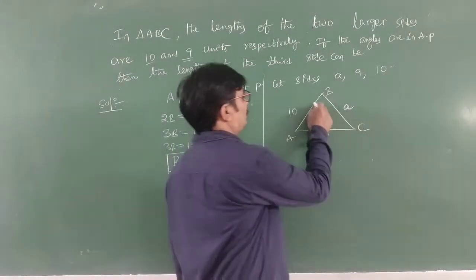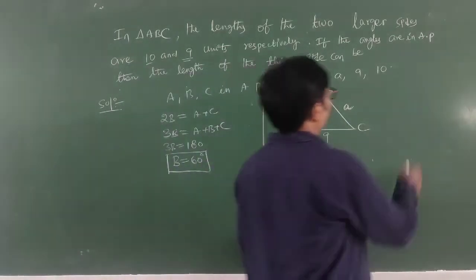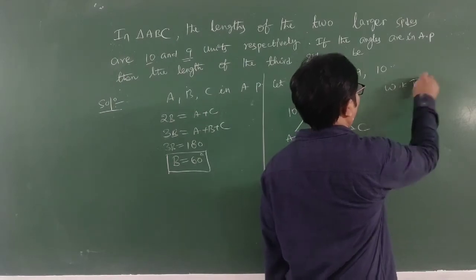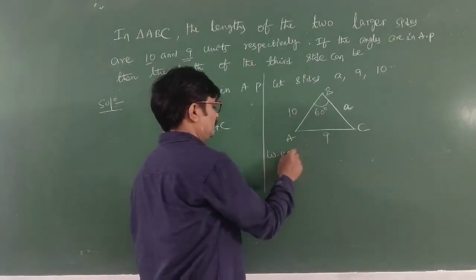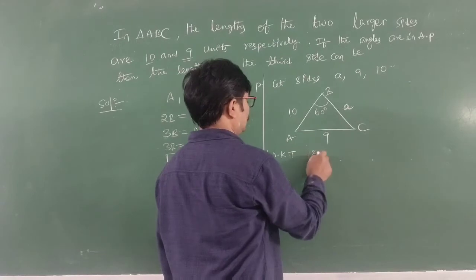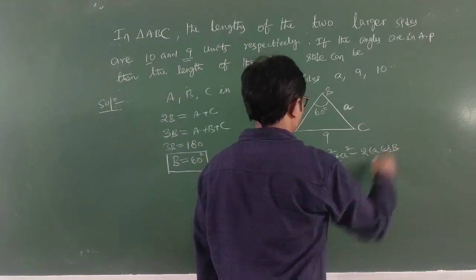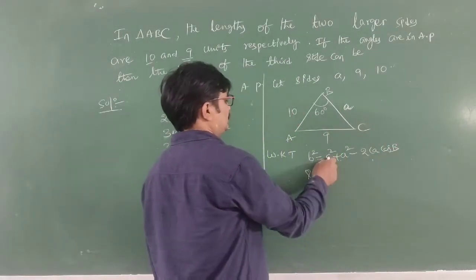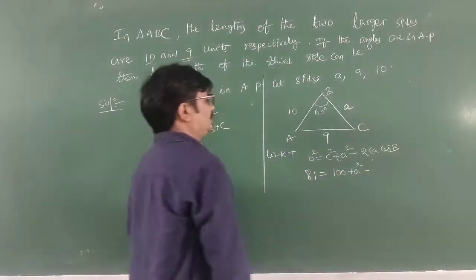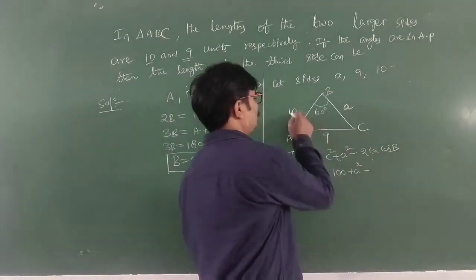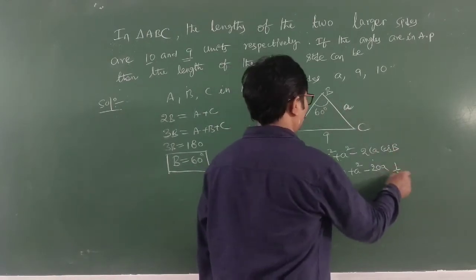From the cosine rule, we know that angle B is 60 degrees. So from the cosine rule, b square equals c square plus a square minus 2ca cos B. This is 81 equals c square is 100, plus a square minus 2 into 10a cos 60 degrees, which is 1 by 2.